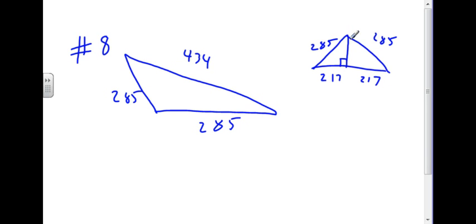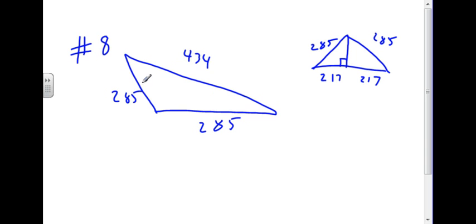Use trig. No, I could use the Pythagorean theorem to find that other side of the triangle, right? I could do that. In fact, I might do that.